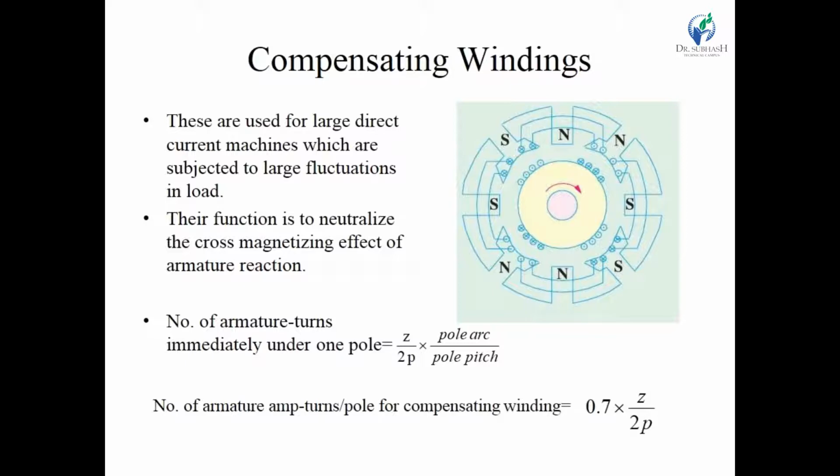The main reason which makes the current reversal during the commutation interval impossible is the production of self-induced EMF in the coil undergoing commutation. This self-induced EMF is called reactance voltage. It is a small voltage but produces a large current through the short-circuited coil.